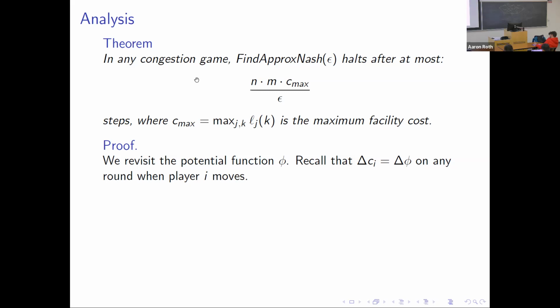We use exactly the same potential function. We recall, just as before, that at any step of better response dynamics, the change in cost of the player who made their move is exactly equal to the change in potential. All of that's still true.